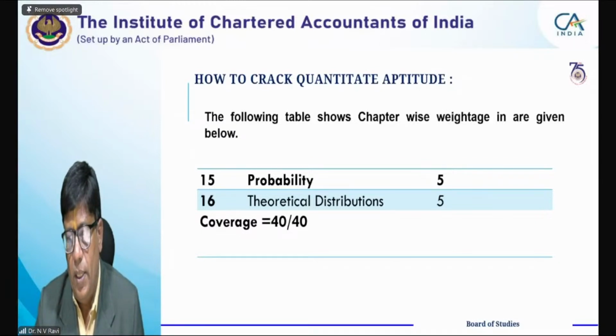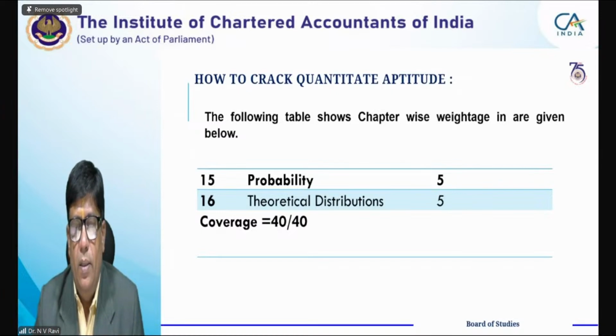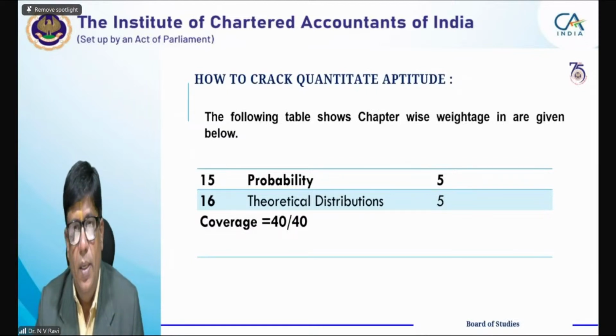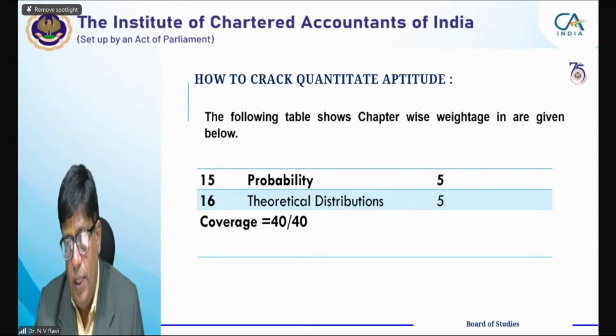Dear students, once again I am requesting, if you feel you are not able to understand these topics, just concentrate on the example sums, and ICAI's video lectures will definitely help you to understand simple probability, what is probability, what is the axiomatic approach of probability, and the addition theorem of probability, and other conditional functions.